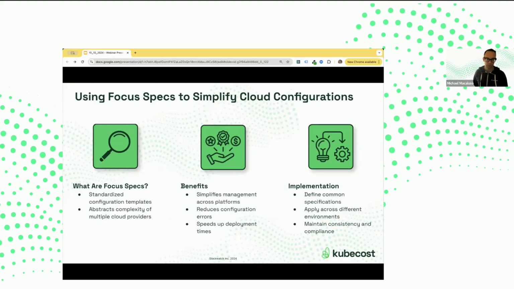So, using FOCUS specs to simplify cloud configurations. Obviously I'm not on the technical side of the house, but I found this really useful in a couple different ways. What we're trying to do here is create a playbook for cloud infrastructure and just standardize it. You can do one-off, but you get to a point where you need to get some scale.